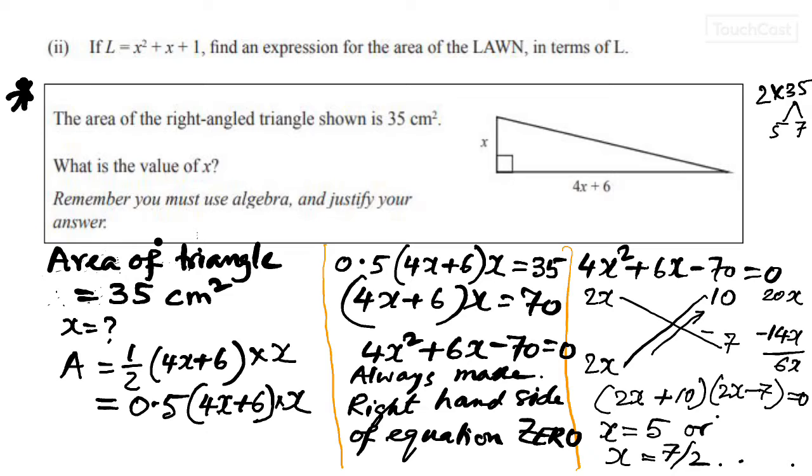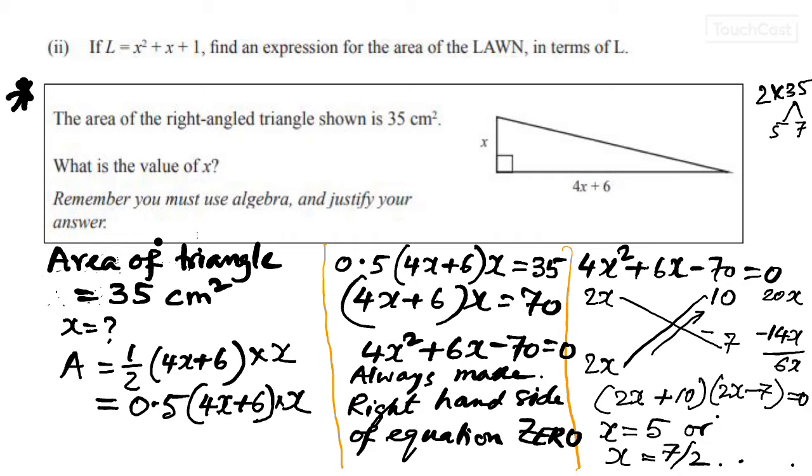One of the problems which are a little bit advanced could be a merit type of question. The area of a right angle triangle is shown, which is 35 square centimeters.